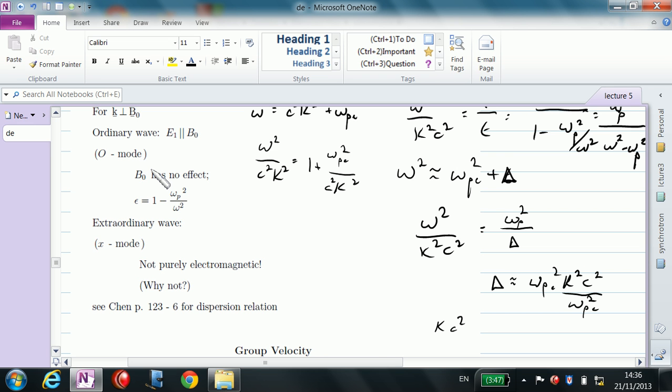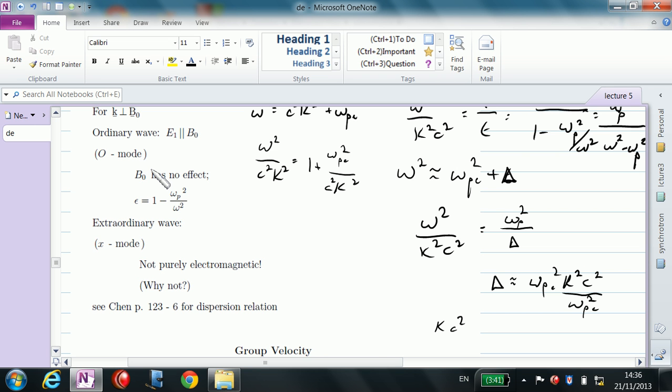So suppose E is perpendicular to B. The particles, charged particles, then get accelerated perpendicular to B naught. But then B naught exerts a V cross B force on them, right? And what direction is the V cross B force?